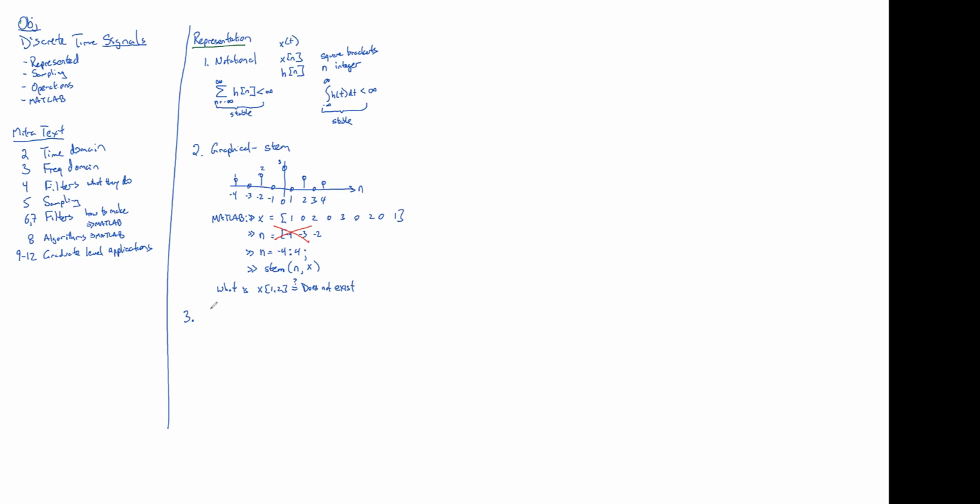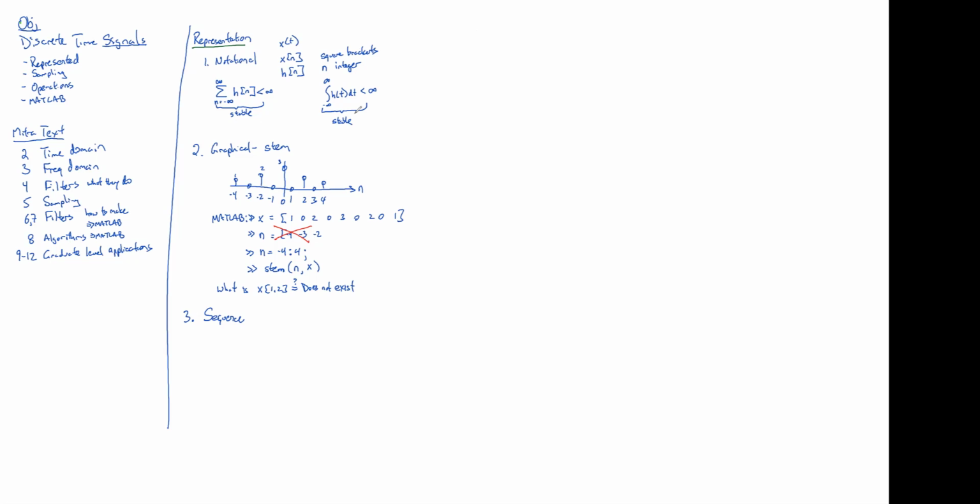The next is, so far, everything we did with DSP, we could just as well have done in continuous time. We've got notational representations for continuous time. We've got stem representations for continuous time.